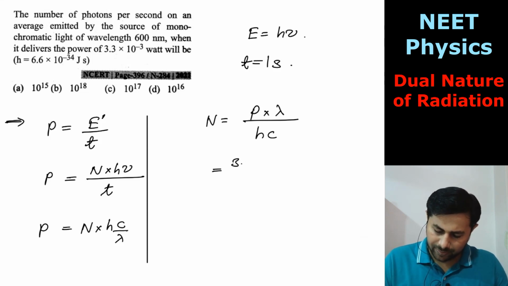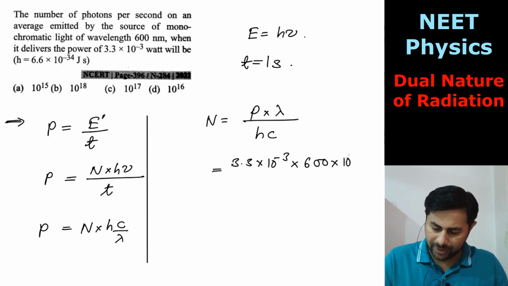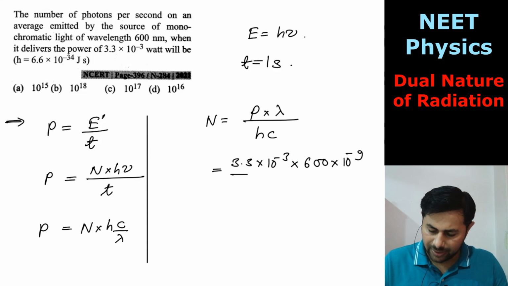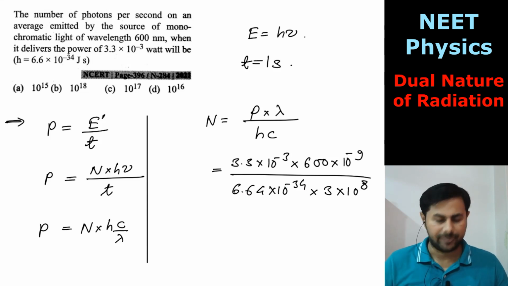And what is power? 3.3 multiplied by 10 raised to minus 3. Lambda is 600 nanometer, 600 multiplied by 10 raised to minus 9, and hc, h is Planck's constant, that is 6.64 multiplied by 10 raised to minus 34, and c is 3 into 10 raised to 8, speed of light.